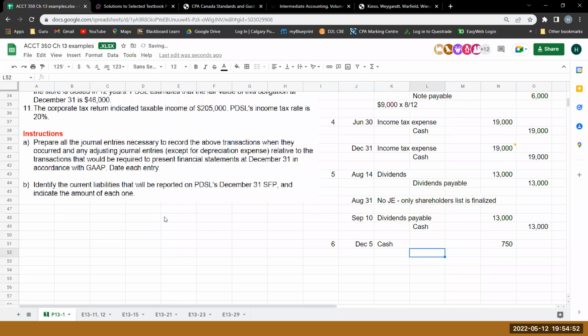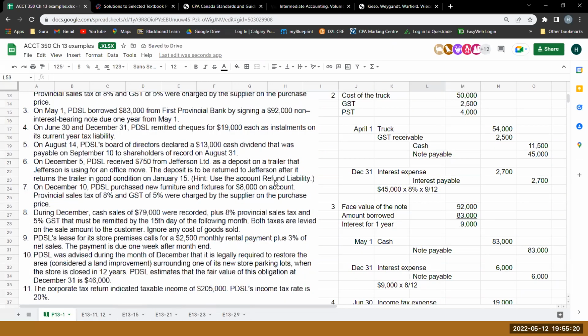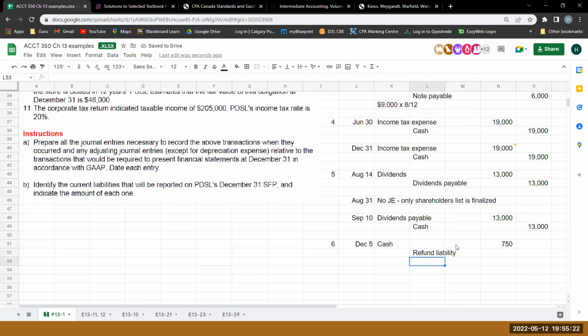But you don't want to credit unearned revenue because there's no revenue to be earned. This is an amount that we potentially have to pay back. Now, if Jefferson brings back the trailer in a trashy state, then we'll keep the $750 and maybe sue them for more money. But as of December 5th, it's a refund liability. And they told us in the question to use the account refund liability.